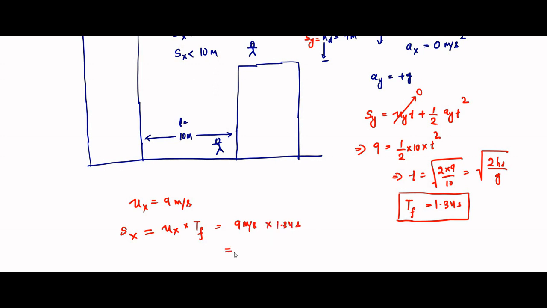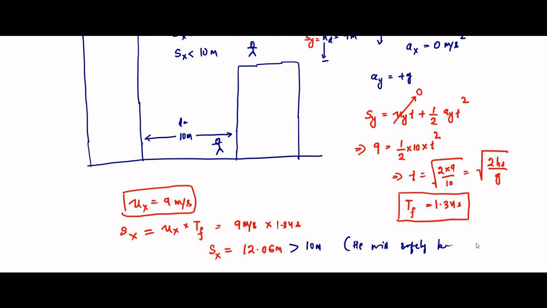So it is coming around 12.06 meters. So this horizontal distance covered by the man with this horizontal velocity is greater than the separation distance or separation gap of the buildings, that is 10 meter. So it means that he will safely land on the rooftop of the next building.